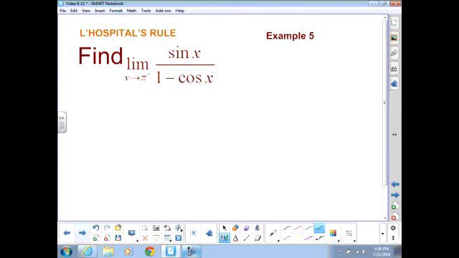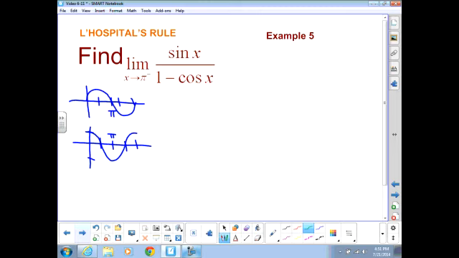First, let's look at this case. We're approaching pi from the left. Well, sine x, remember the graph of sine x looks something like this, where pi is right here. And the graph of cos x looks something like this, where pi is here.